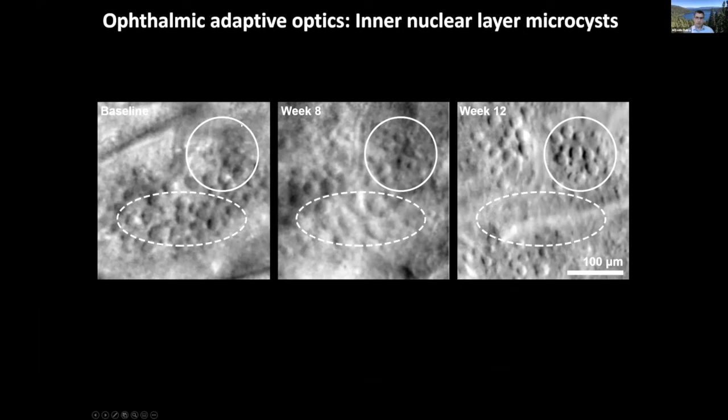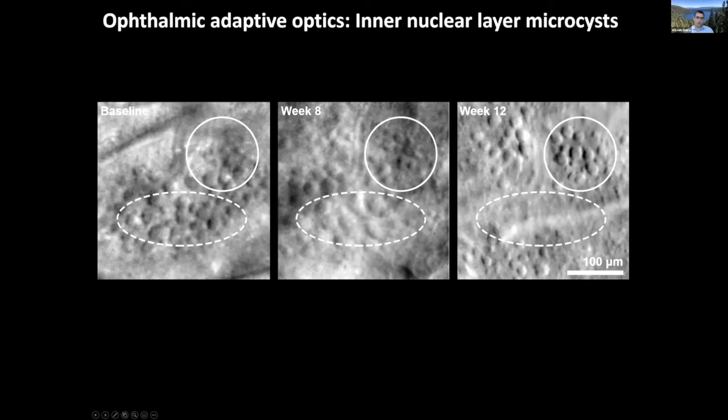In this case, we are talking about glaucoma, where we can see how there are some features that have been found in other optic neuropathies in addition to glaucoma. And there are inner nuclear layer microcysts. So these microcysts could change in the span of only a few weeks.